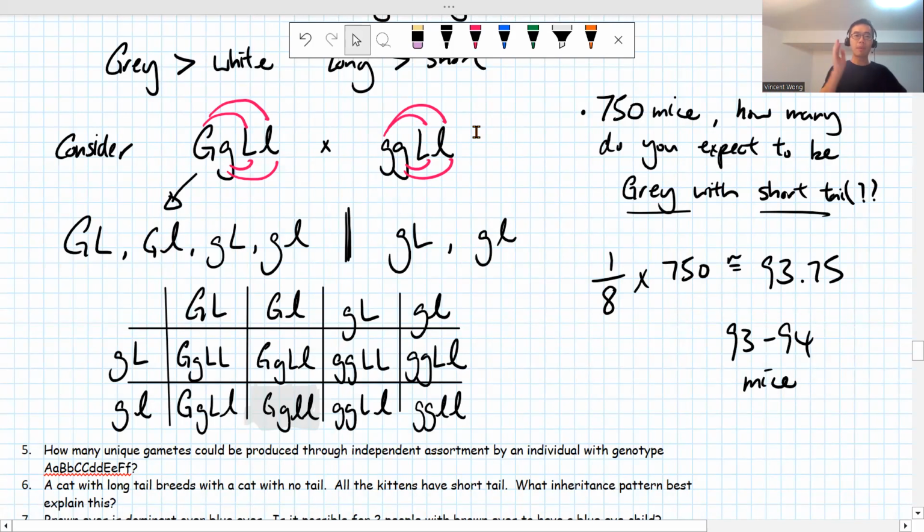So like if you're doing big G, little g, big L, little l, crossed with another big G, little g, big L, little l, then you can use the 9331 ratio. Otherwise, you have to create your own Punnett square. So in other words, the only time you use the 9331 is when your table is 4 by 4, then you can do it quickly.